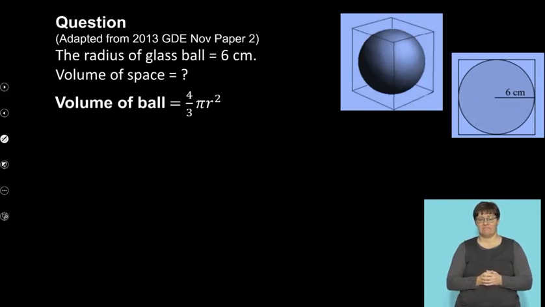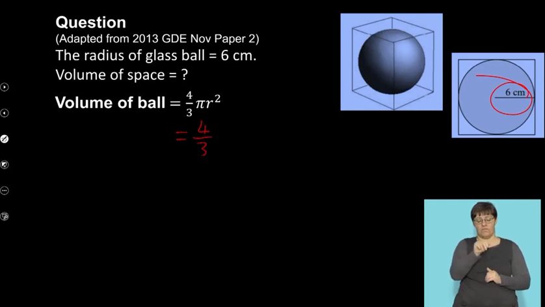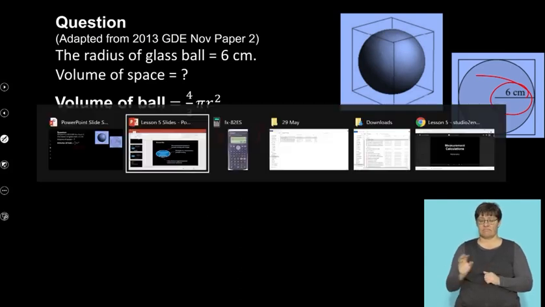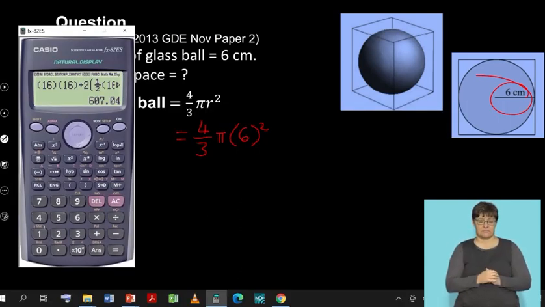So we are first going to look at the volume of the ball. And I know that the volume of the sphere is 4/3 pi r squared. And I actually know what my r is because I've been given it as 6 centimeters. So I'm going to fill that in. So it's going to be 4/3 pi times my radius squared. So let's pop this into my calculator.